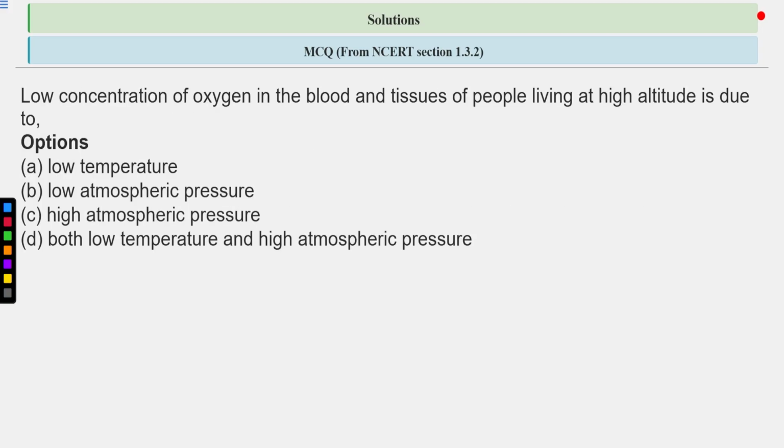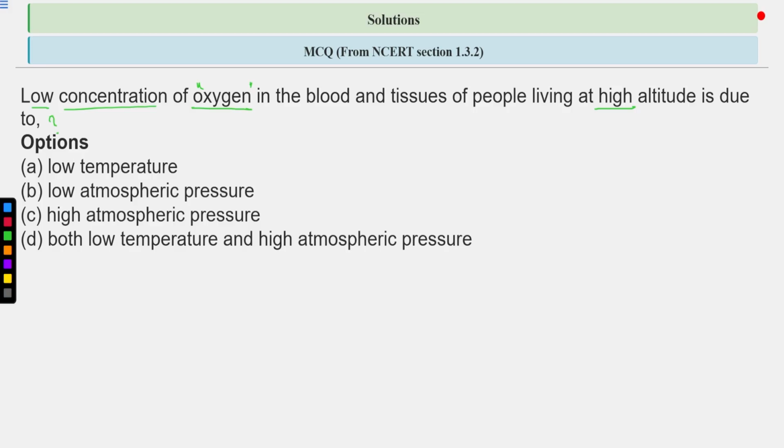This question is again an MCQ we have taken from NCERT subsection 1.3.2. The question says: low concentration of oxygen in the blood and tissues of people living at high altitude is due to which reason? The people who are living at higher altitudes, like on mountains or in hilly areas, have a low concentration of oxygen in their blood and tissues.